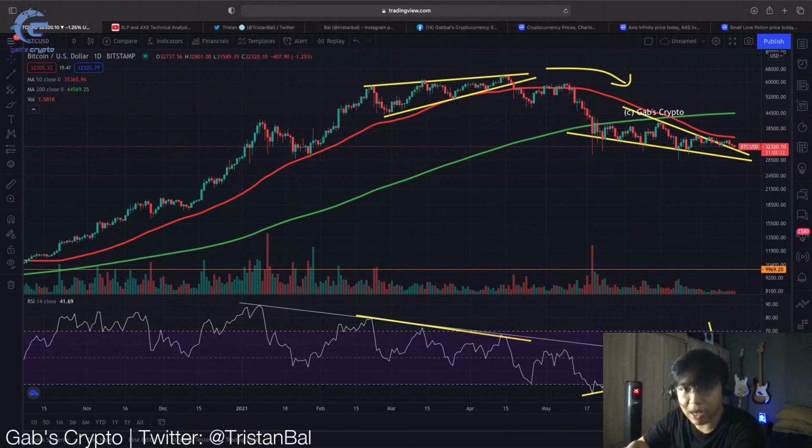Kasi what if nag-pump pa lalo tapos nag-all-in ka ng exit, nag-sell ka na, edi naiwanan ka ng price action. Pero let's say hindi ka nag-take profit, tapos biglang bumagsak yung price, edi wala kang nakuhang profit ngayon. So ang kailangan nyo mangyari is mag-take profit along the way, kahit papano.